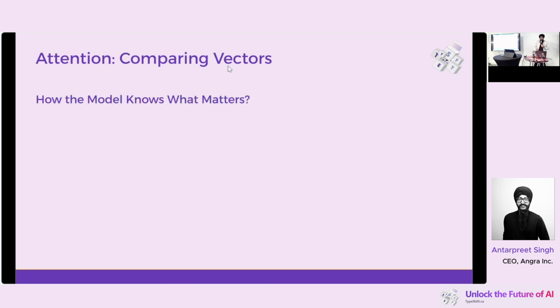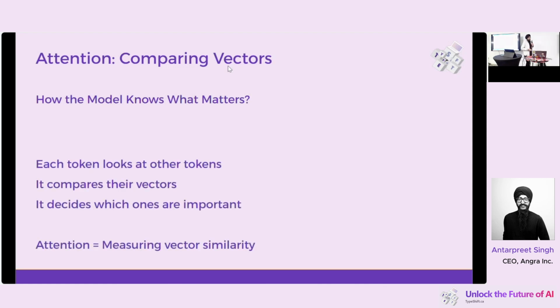And then we get into attention. So how does the model know what matters? When we send it a request, how does it know which is the next token that it should respond with? And that's where attention comes in. Each token looks at the other tokens, because the tokens are already available in the model, as it has already been trained. These tokens look at the next token and see, am I closer to this token or am I far away?